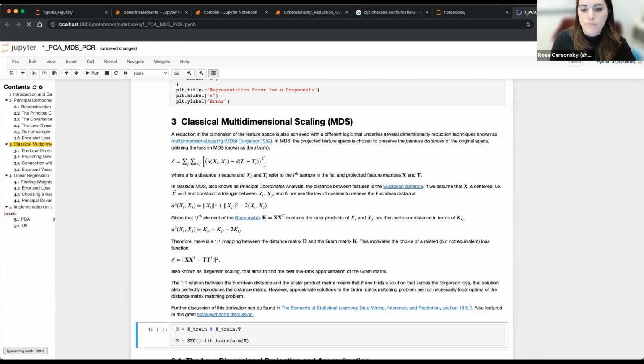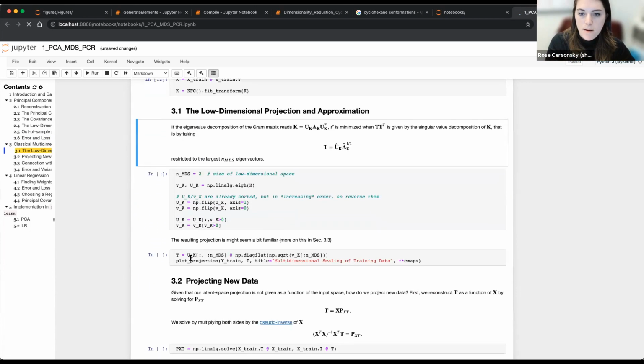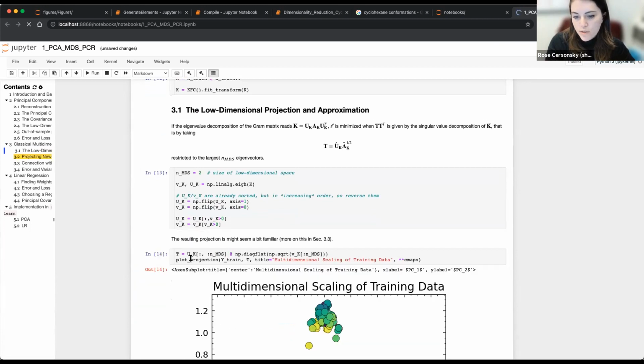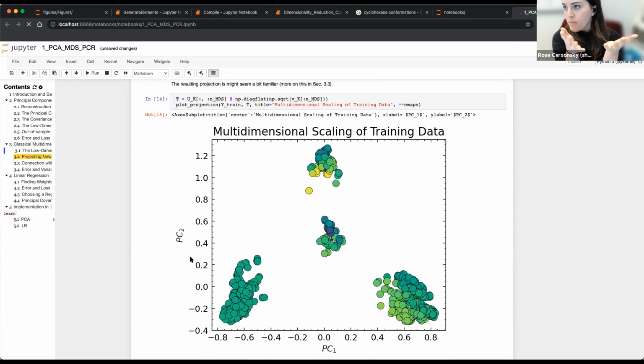It says that our loss is equal to the difference in the outer product of our original data space and the outer product of our latent space. And this is known as Torgerson scaling. Now, when we minimize this loss, it has its minimum at the same place as our loss for our PCA. And so it looks exactly the same.